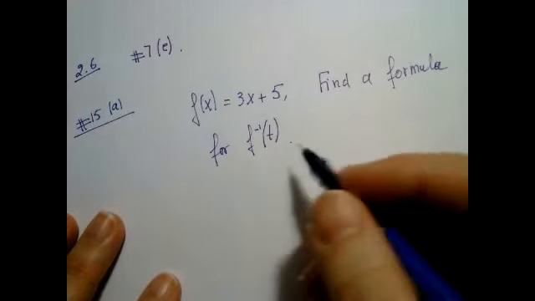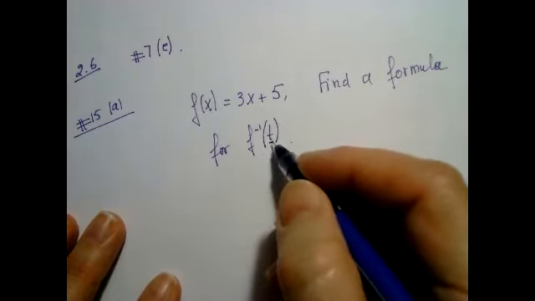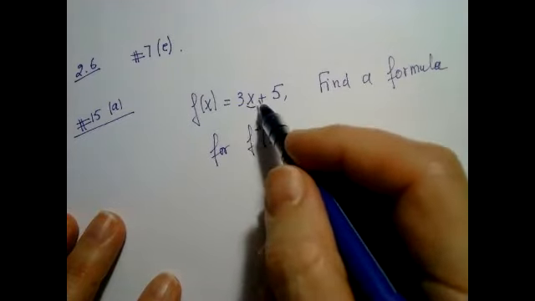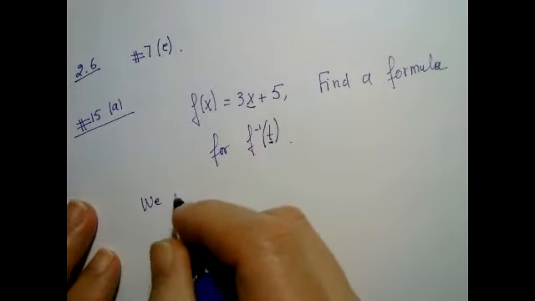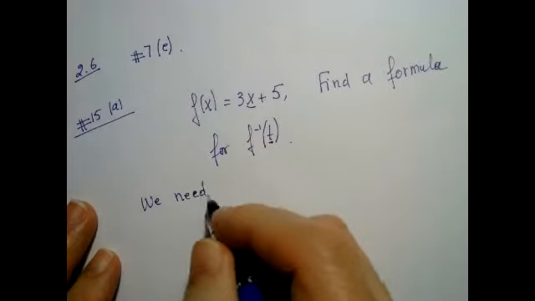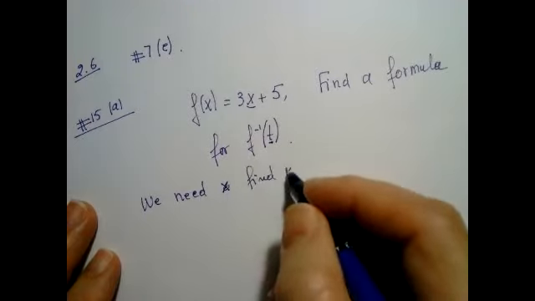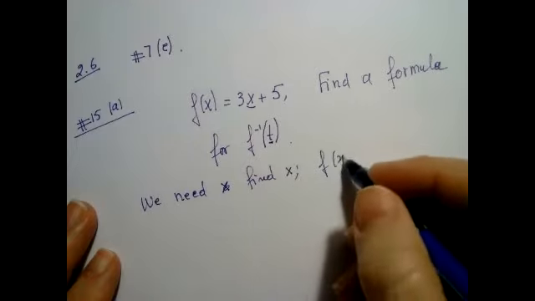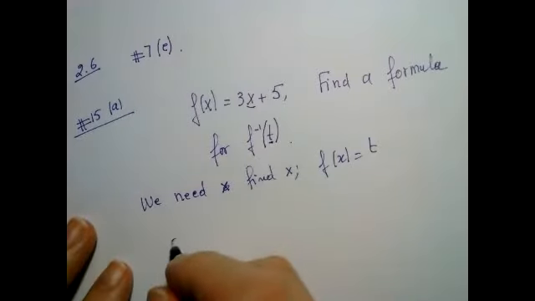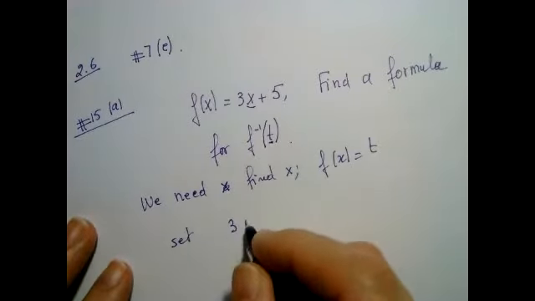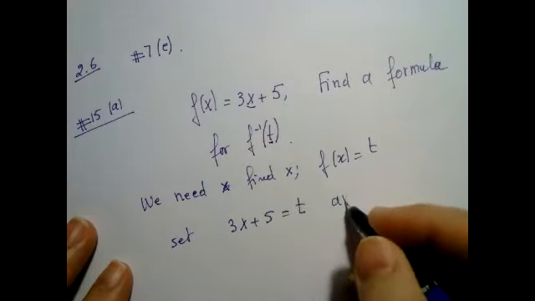It means the question is, if we know the output t, we need a formula to give me the input in terms of the output. So basically we need to find the x such that f of x equal to t. So we set 3x plus 5 equal to t and solve for x in terms of t.